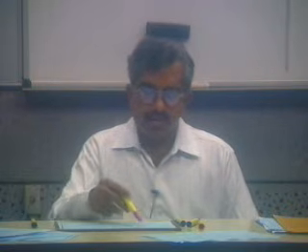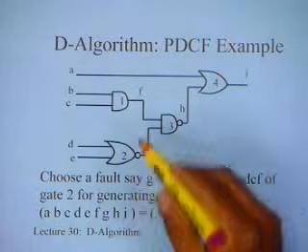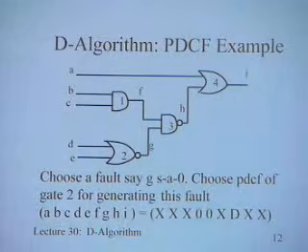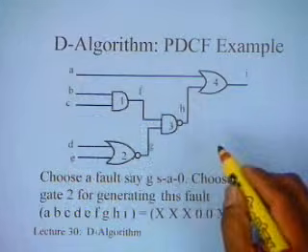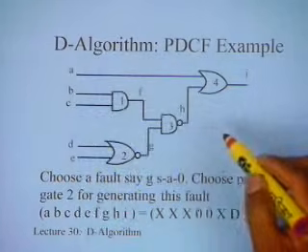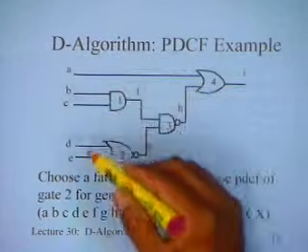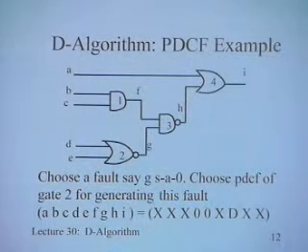So the same example, I have A, B, C, D, E, these are 5 inputs, primary inputs, and F, G, H and I are outputs of the 4 gates, 1, 2, 3, 4 that I have. So at any point in time, I will have a 9 tuple, because there are 9 nodes here, which will define the values at each of the nodes, where each of these can take a value 0, 1, x, D, D complement.